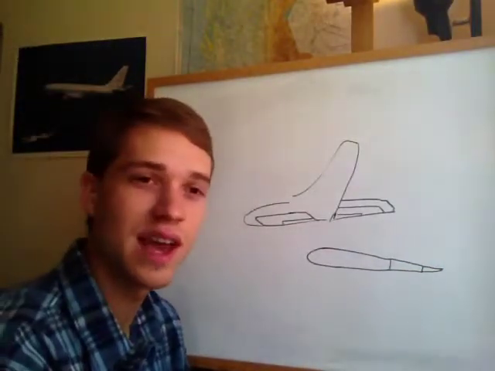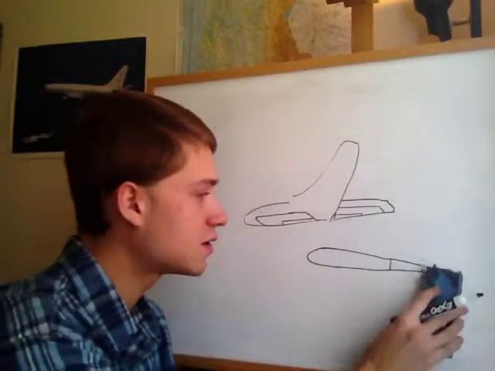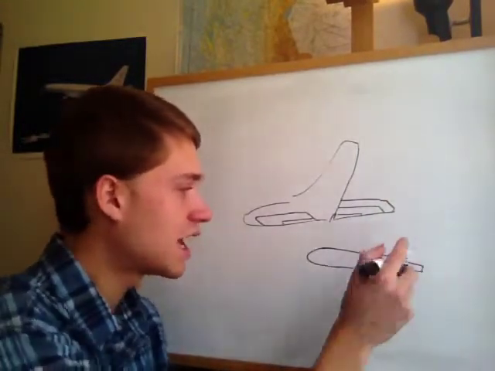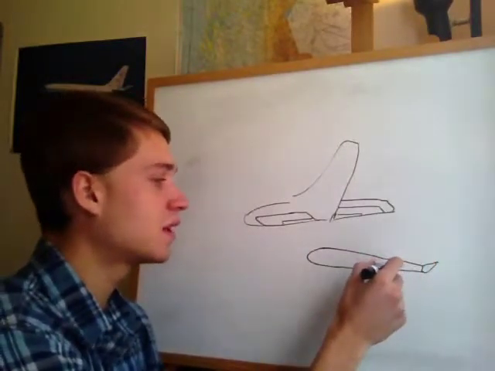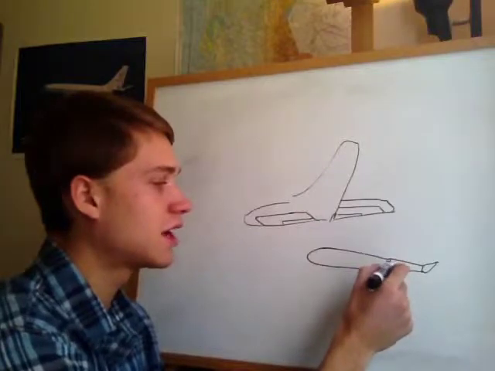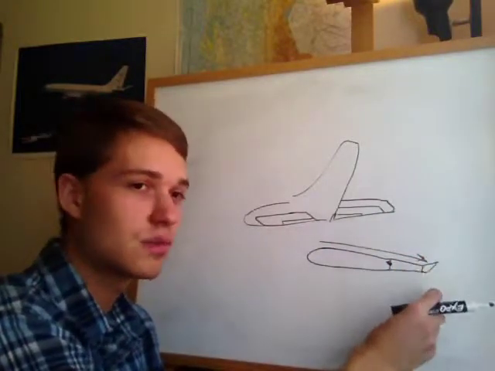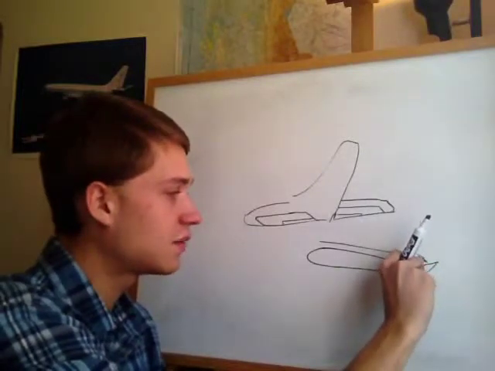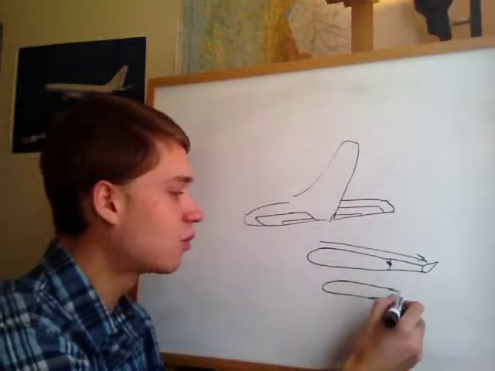Very simply, how it works is if you're flying along and you have the trim tab set at an upward angle, the elevator is hinged, and because the airflow is striking the top of that trim tab, it's going to end up deflecting the elevator itself downwards.